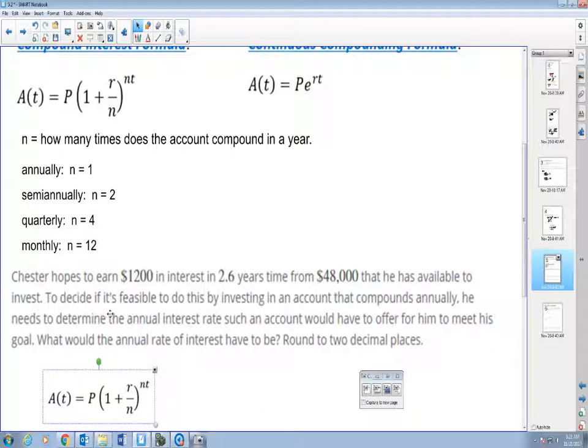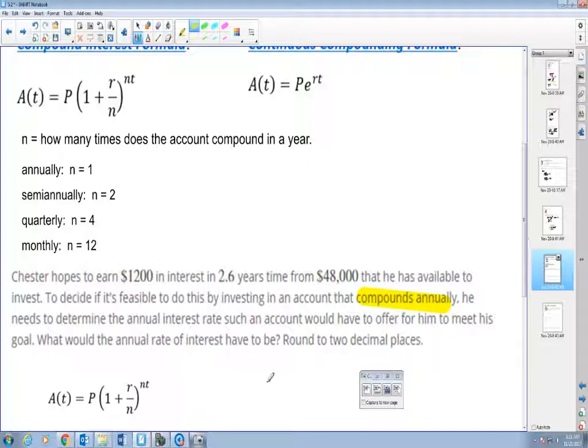To decide if it is feasible, he is investing in an account that compounds annually. See that word, compound annually? He needs to determine the annual interest rate such an account will have to offer him to meet his goal. What would the annual interest rate have to be?